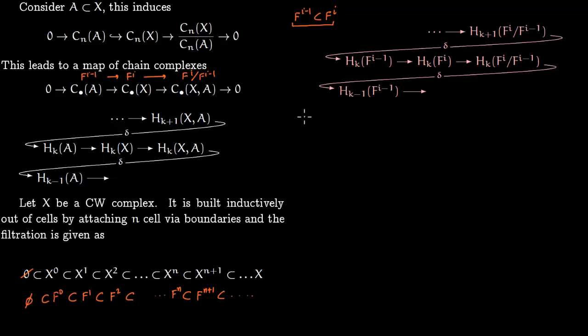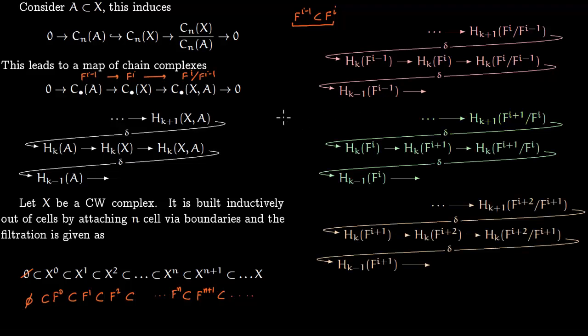Again, you can have another long exact sequence corresponding to the filtration pair F_i contained within F_{i+1}. Nothing we have been doing, we are just copying this result here for this pair. Or you can see that the model we built for CW complexes we are copying. Again, here you have another pair: F_{i+1} is contained within F_{i+2}, and for this pair you again have a long exact sequence like this.